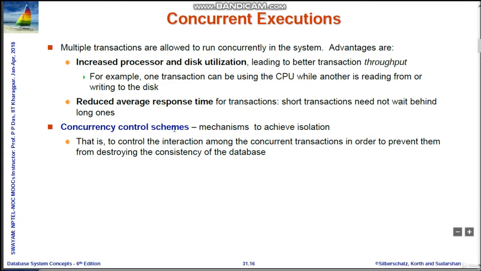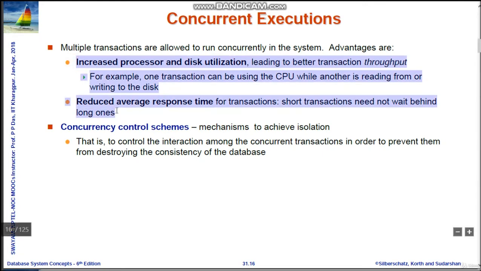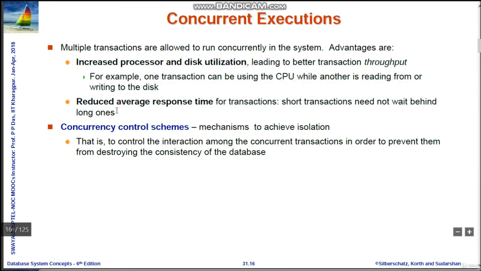Concurrency control schemes: mechanisms to achieve isolation. Now, what we want is that our system executes multiple transactions in parallel so that we get these advantages. But we also want all of this to be done in isolation, meaning every transaction thinks that it is alone in the system.